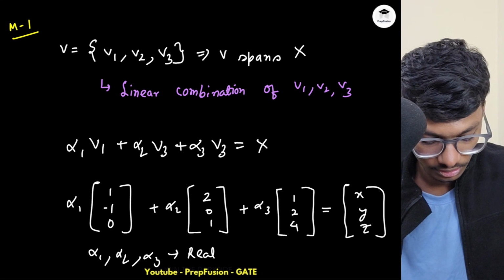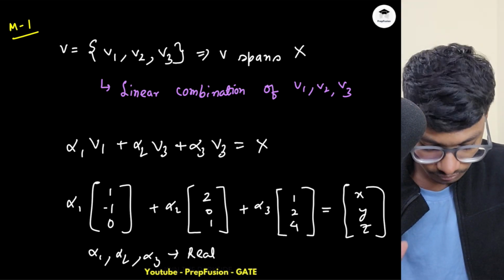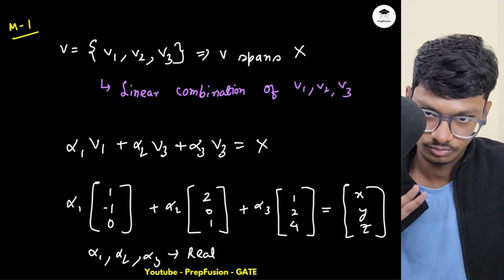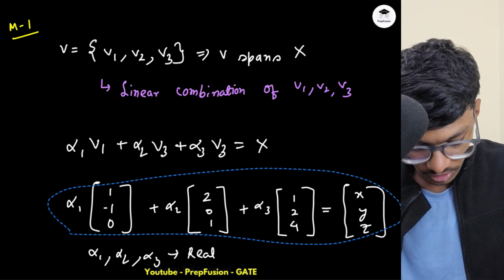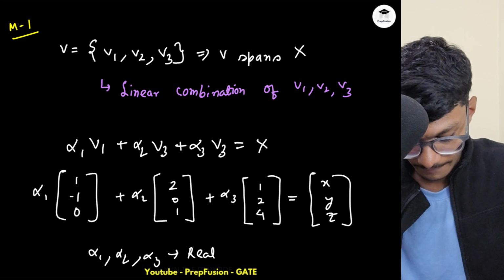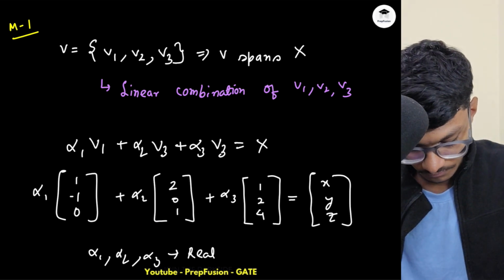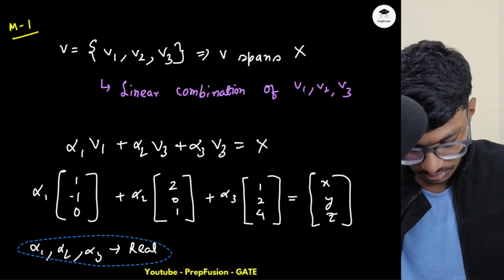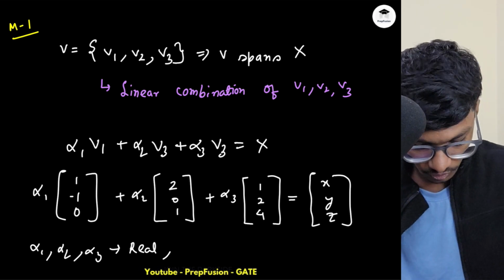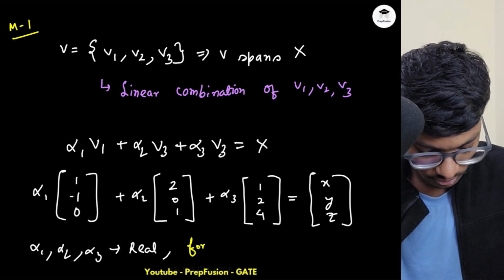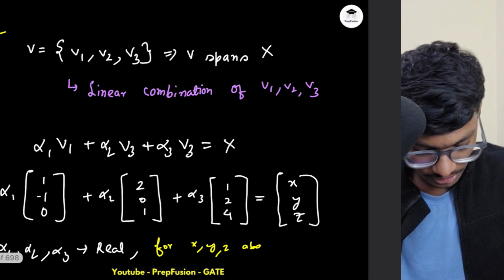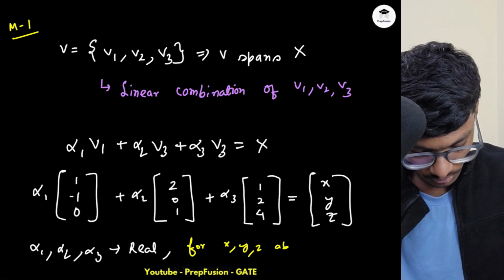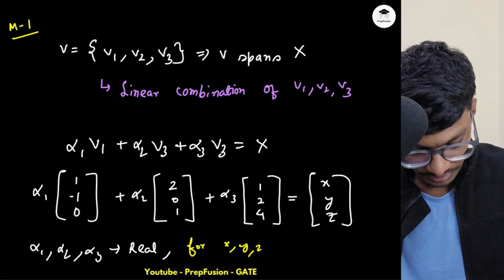So basically, this condition has to be satisfied, then we can say that it is spanning, because for all x, y, z, the above condition needs to be satisfied.